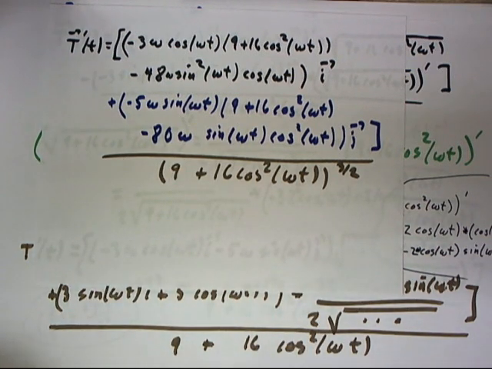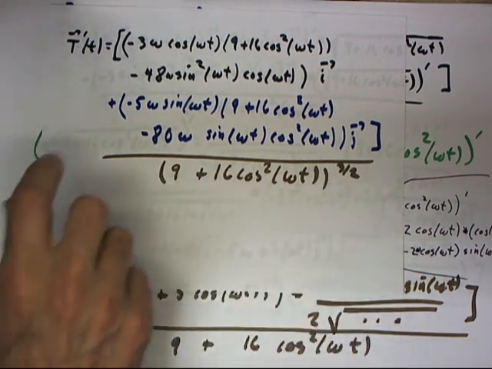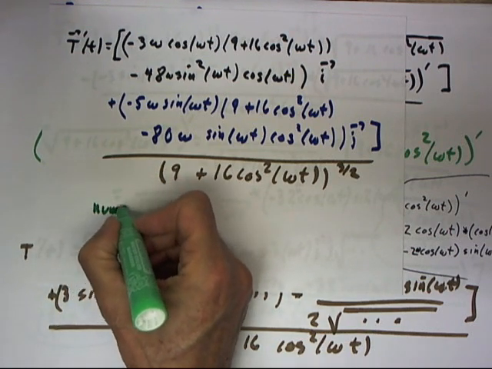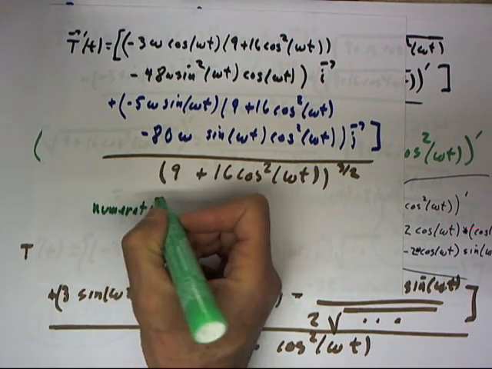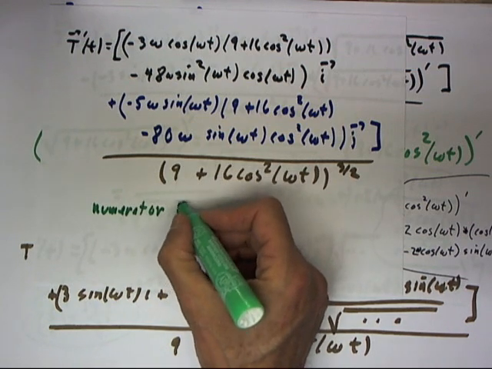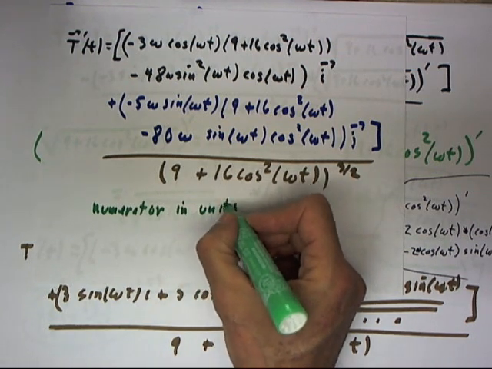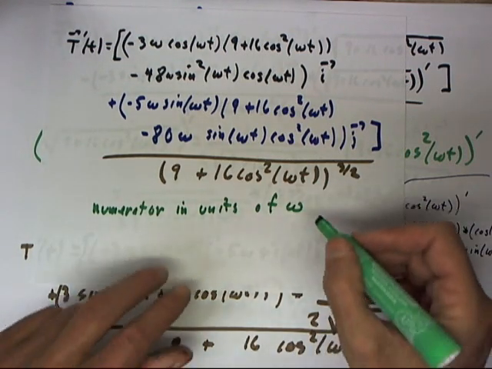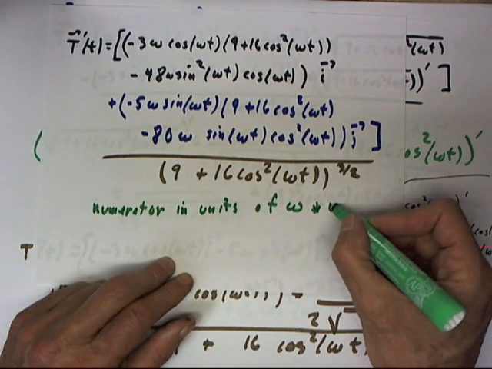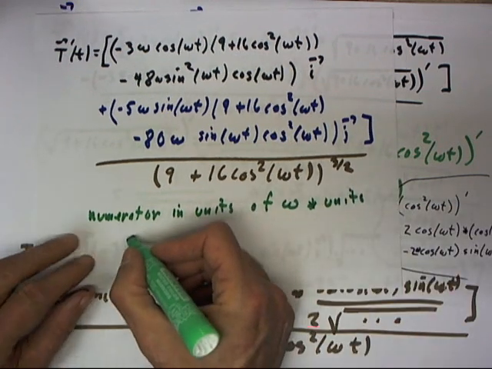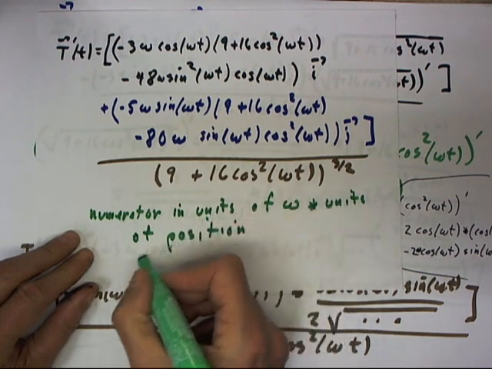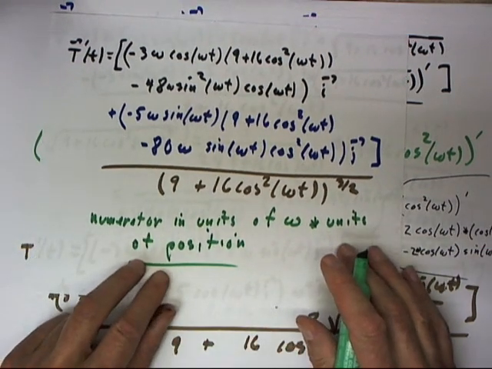So I can just say the denominator is dimensionless, the numerator is in units of omega multiplied by units of position, because our original r of t vector was understood to be a position vector.